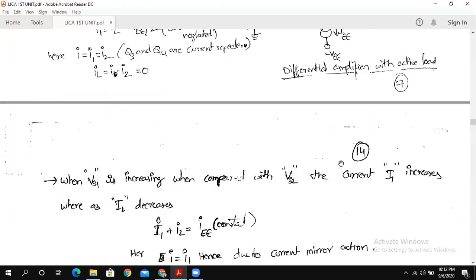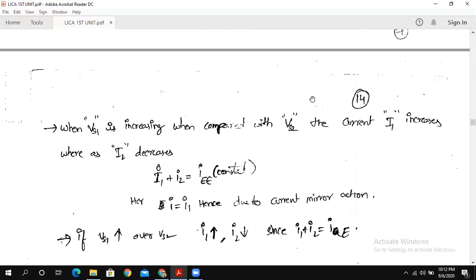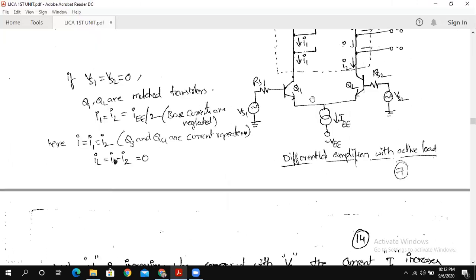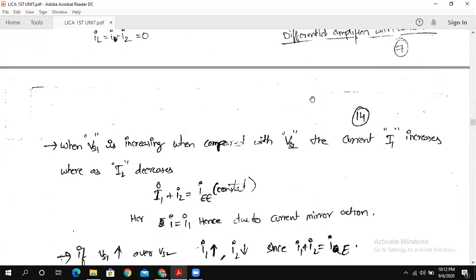In the same manner, if Vs2 increases, then I2 is going to increase and I1 is going to decrease. So in this way, it provides a constant current IE. So this is one of the methods for improving the CMRR.